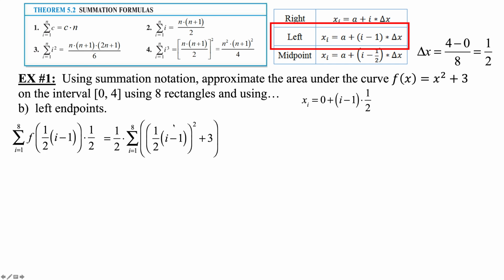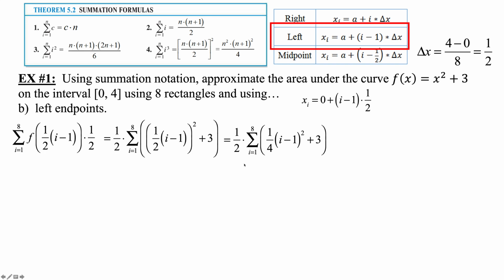So that's why we see all of this in a big set of parentheses being squared, because it's going in for all of x. So you got to remember, bring the 1/2 in there too. So we got to FOIL this out. So 1/2 squared is 1/4, and then we're going to FOIL out the i minus 1 squared.